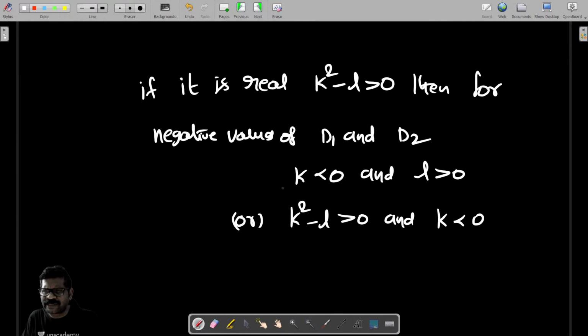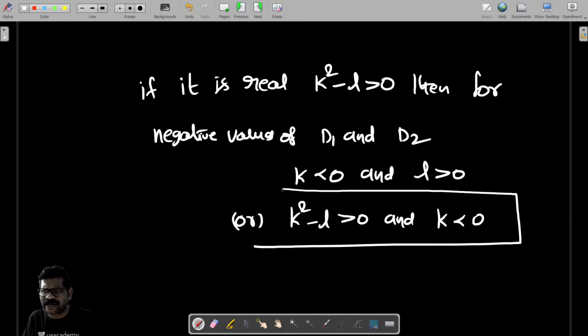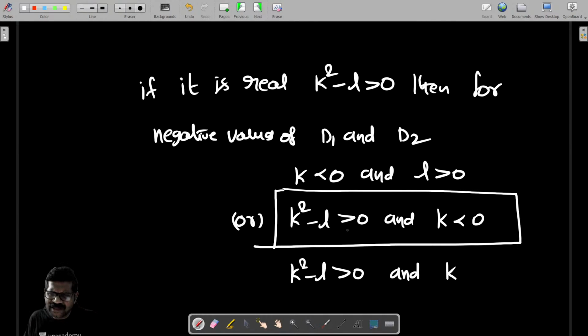This is one case. Another case is, k square minus L greater than 0 and k less than 0, first condition.